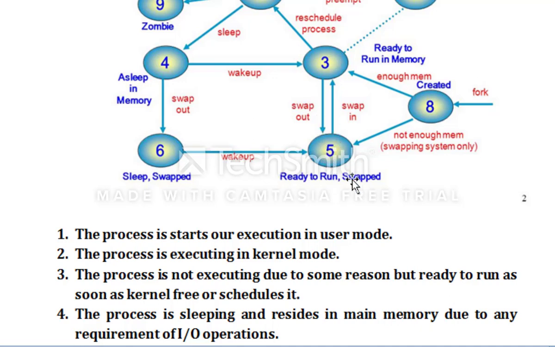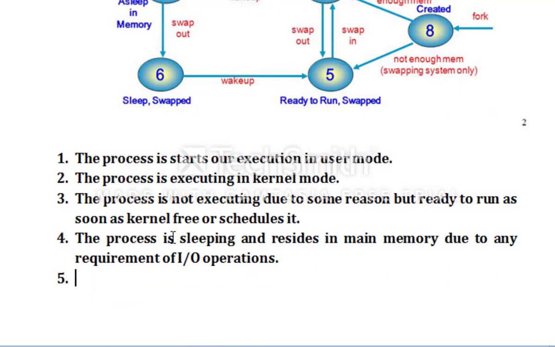So in state 5, the process is ready to run, but the swapper must swap the process into main memory before the kernel can schedule it to execute. So there is a swapper which works in between steps 3, 4, 5, 6.